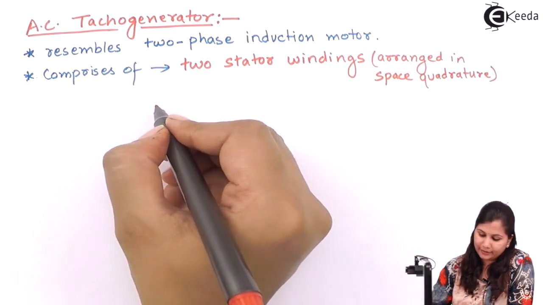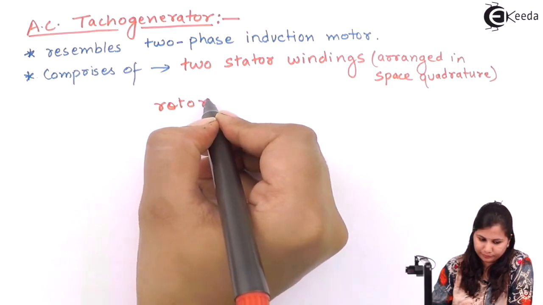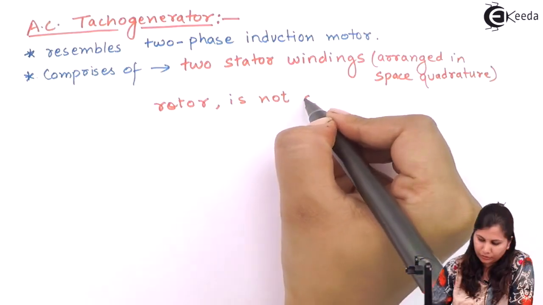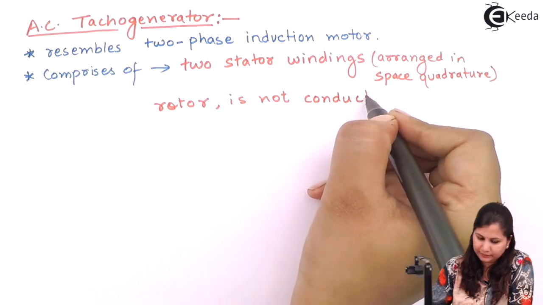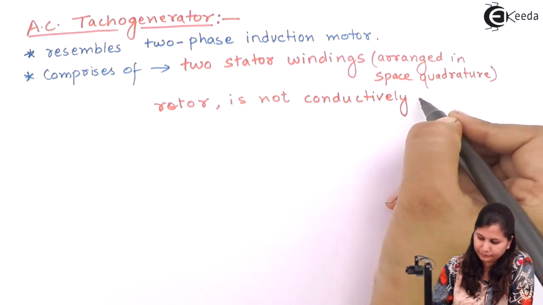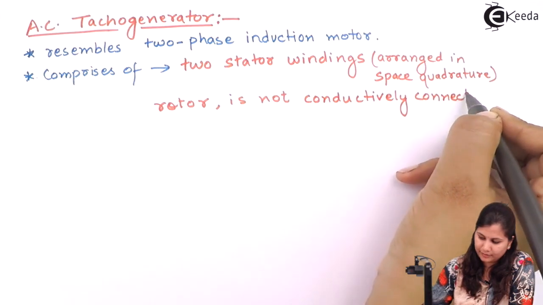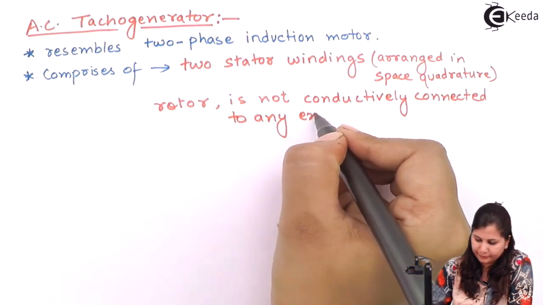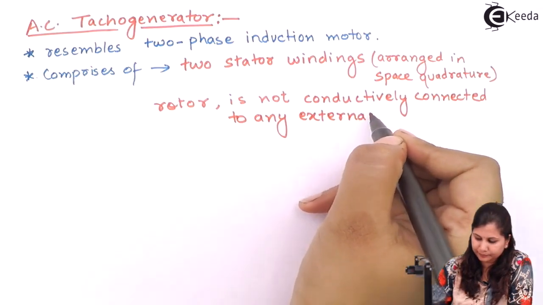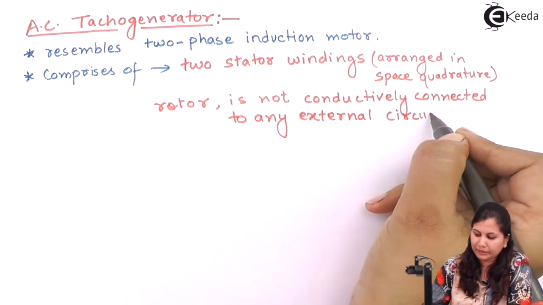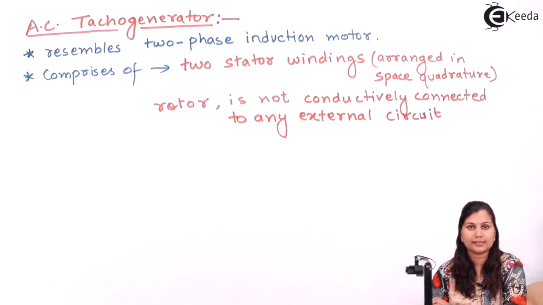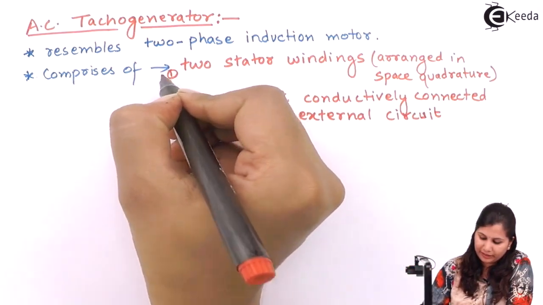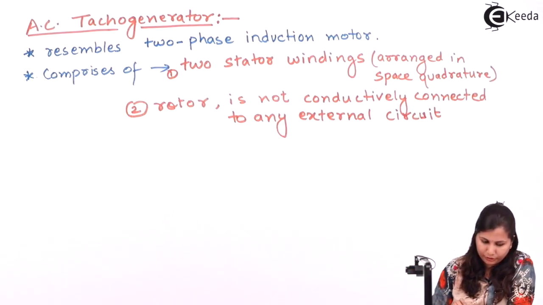And the second component is the rotor, and this rotor is not conductively connected to any external circuit. That means it is not connected to any other circuit external to the generator. So we have two stator windings and one rotor.